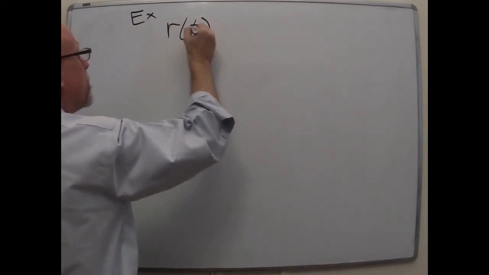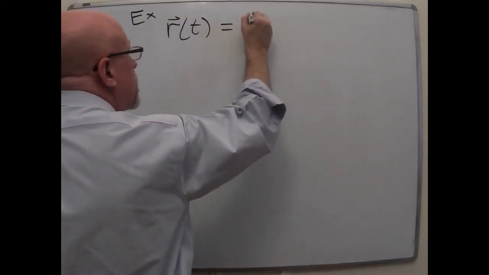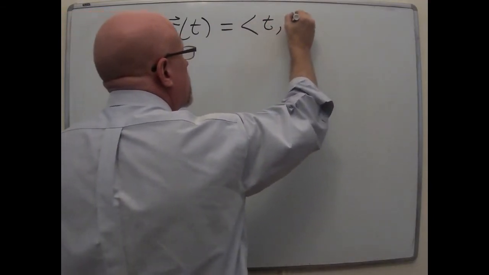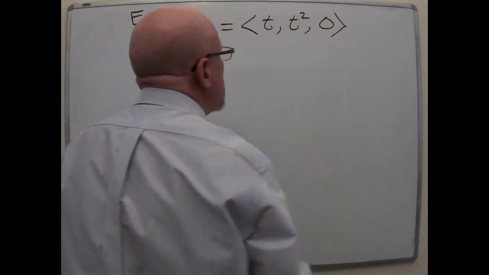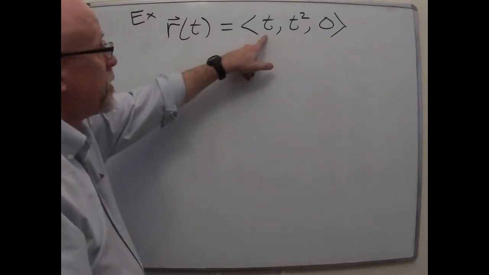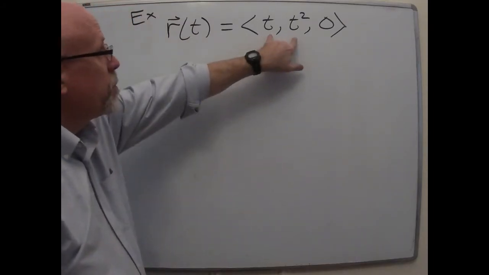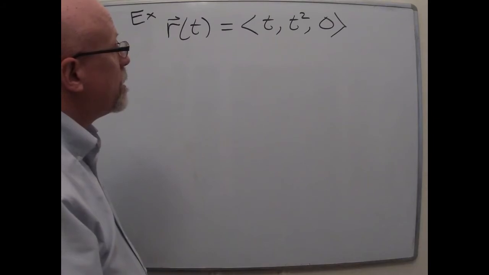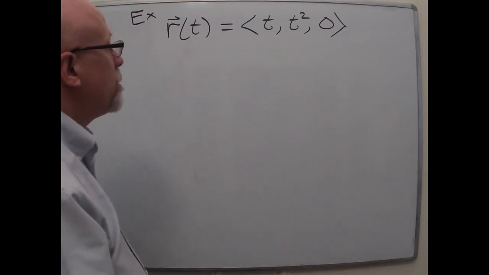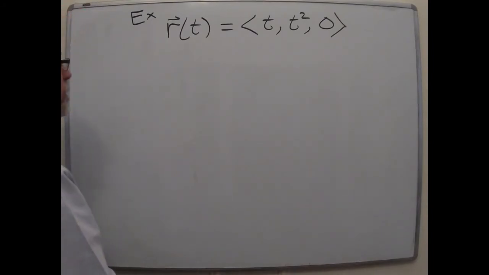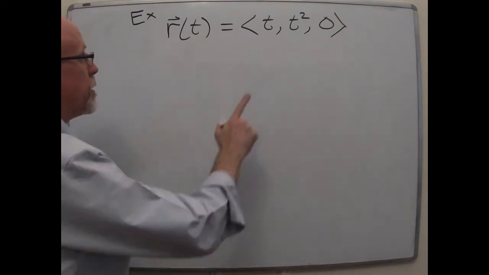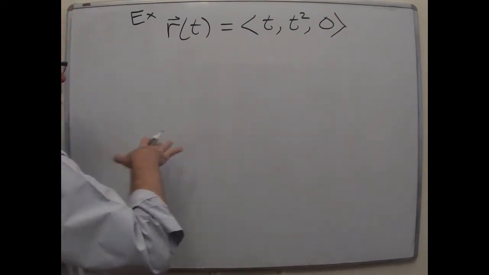R as a function of t is going to be the vector t, t squared, 0. So x and t are the same, and so this is really the curve x, x squared, or y equals x squared. It's a parabola in the xy plane, and the z coordinate is 0, so it's literally in that flat plane.